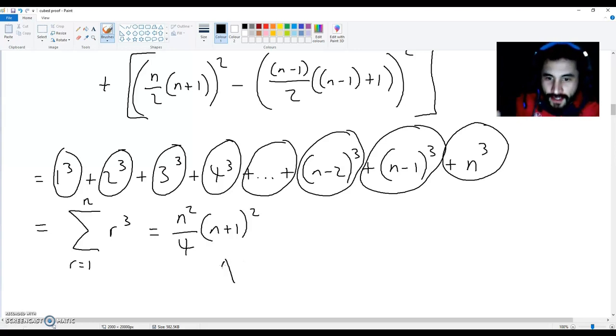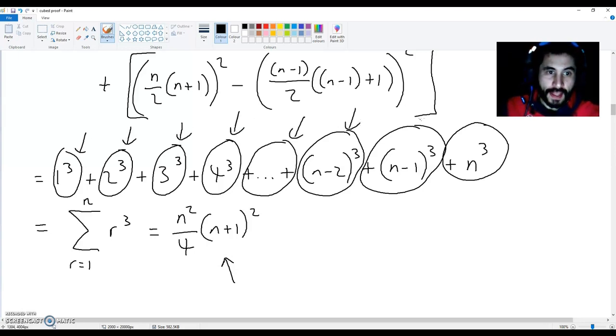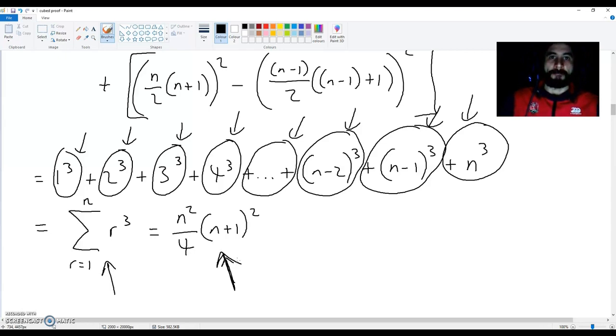This over here is the area of the entire big square, and these shaded parts make up that entire big square. Therefore, we have our proof. We've proven that this is equal to this right over here.